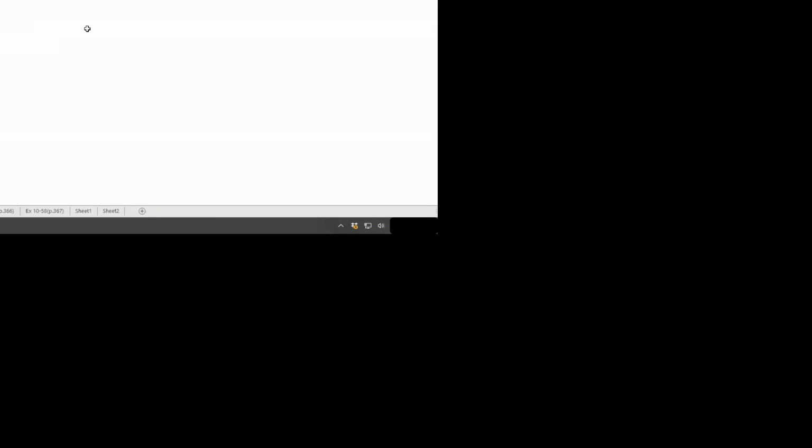Direction of test, it's left tail, so we'll put 3 here. The sample mean is 9. The standard deviation, sigma, 2.8. Sample size, 50. And significance level, I believe it was 0.05. Okay, so paste that there.